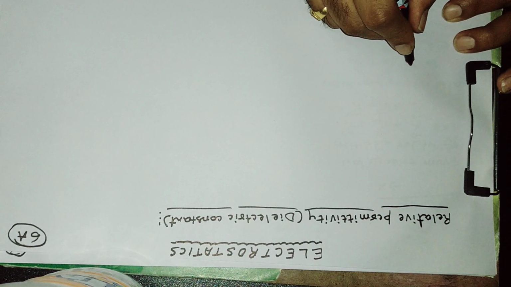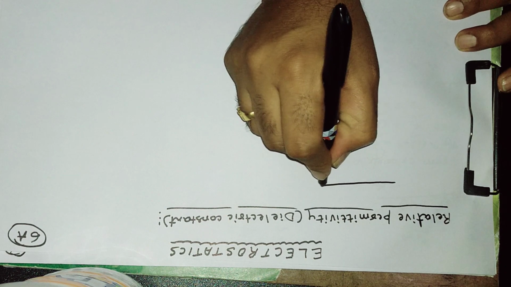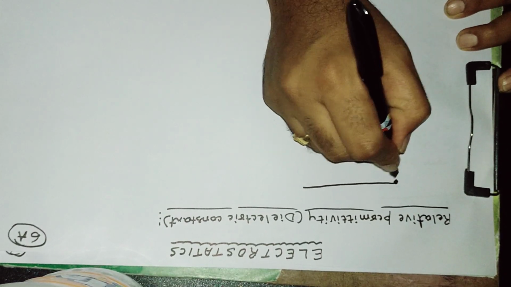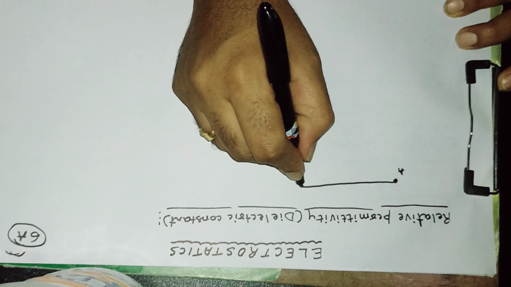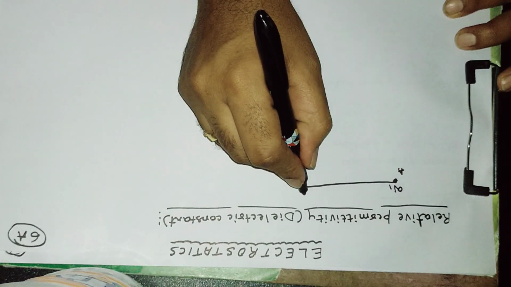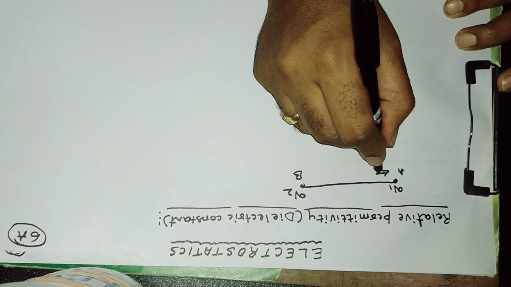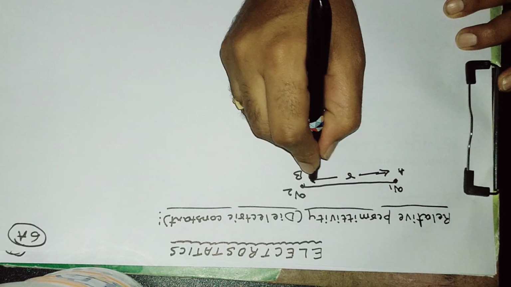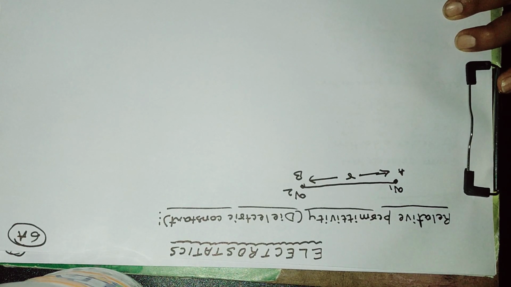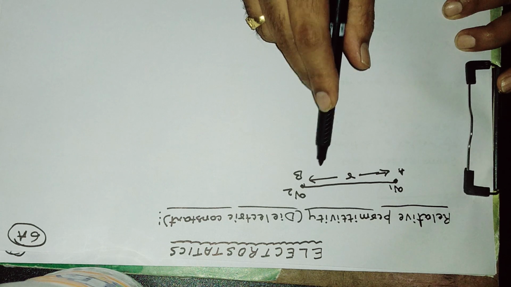In order to define relative permittivity or dielectric constant, I will consider two charges at points A and B. Let me call the magnitudes of the two charges Q1 and Q2. They are separated by some distance r. Let us suppose initially these two charges are kept in air.